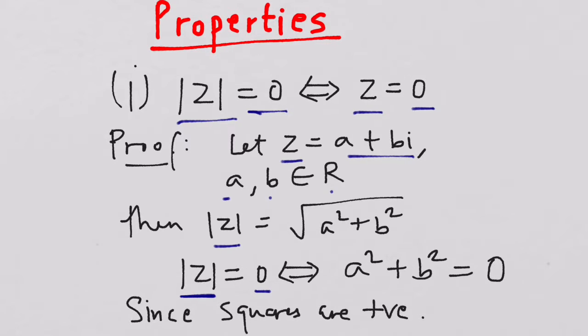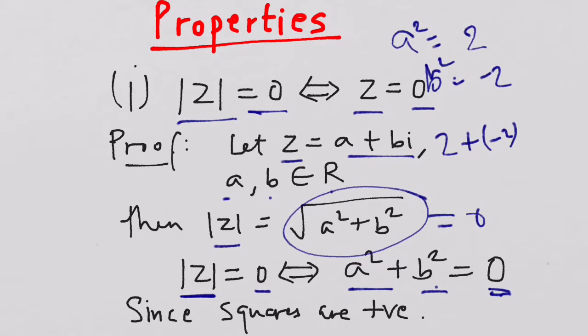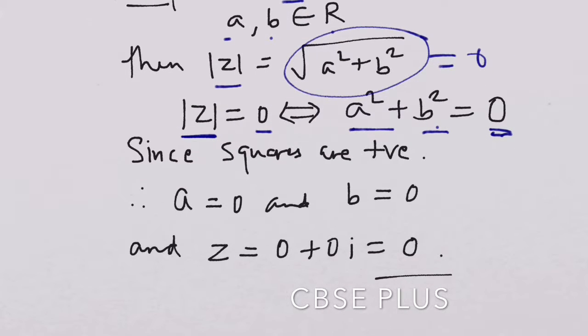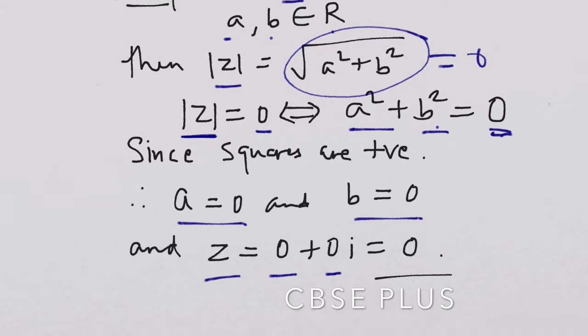Now it means under root of a square plus b square is equal to 0, or squaring both sides we get a square plus b square is equal to 0. Since squares can never be negative, because a square every time gives a positive value, the only possibility is that a is equal to 0 and b is also equal to 0, both the real numbers are 0, and hence z is equal to 0 plus 0 into iota, or 0.